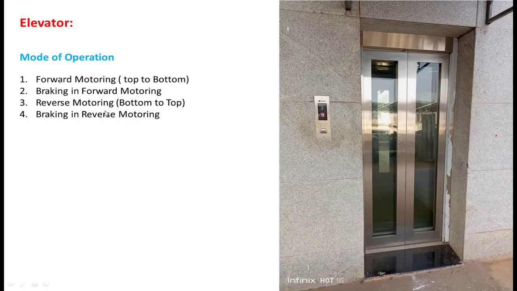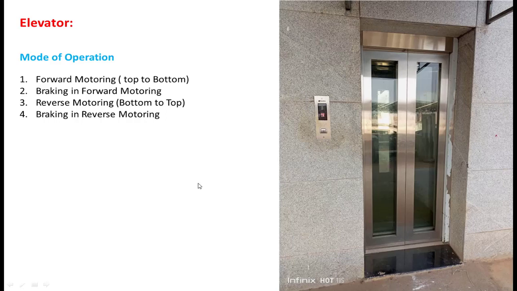Reverse motoring means when the motor is running in the reverse direction, the cabin moves from the ground floor to the upper floor. In the same manner, if you want to stop the motor at a particular floor, you again have to apply the braking. So in this manner we can operate the motor in four modes of operation: forward motoring, braking, reverse motoring, as well as braking, so that the cabin moves from top to bottom or bottom to top, and we can apply the braking also.